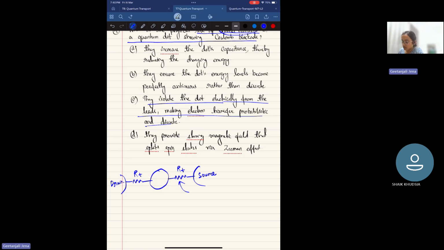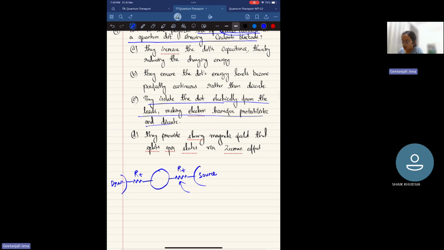So why don't we attach the drain directly to the dot region and the source directly to the dot? Why do we have a tunnel junction here? This is somewhat related to question number 1. So why do we have RT in the first case?